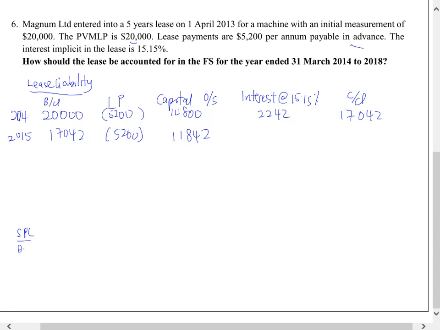So depreciation, year 1 of 2014: $20,000 divide 5. Interest.